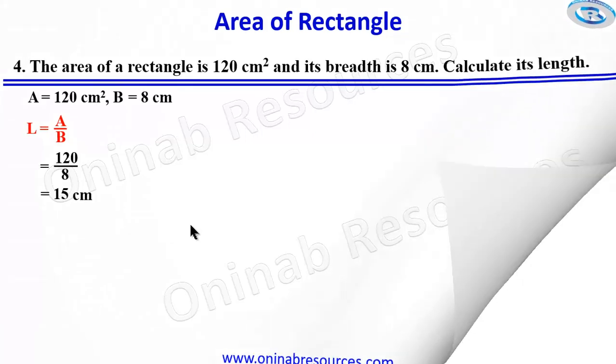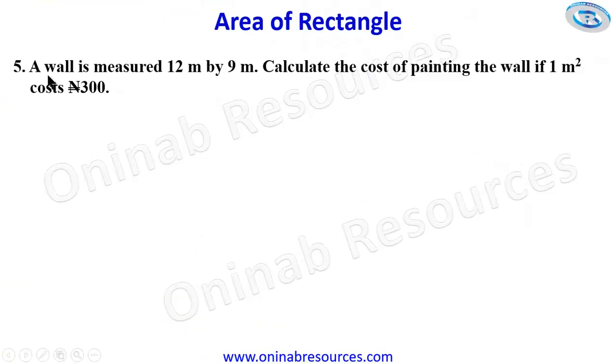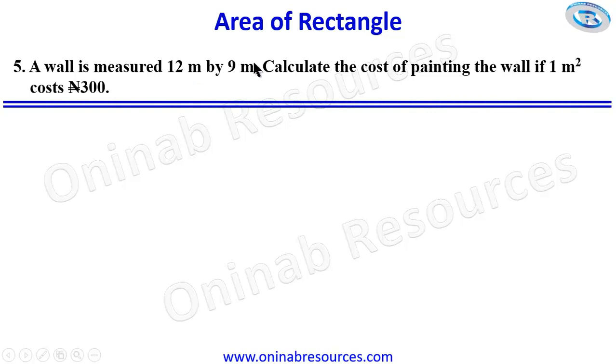We go to problem 5. For problem 5, a wall is measured 12 meters by 9 meters. Calculate the cost of painting the wall if 1 square meter costs 300 naira. We are going to calculate the area, and then since 1 square meter is 300 naira, we multiply the area by 300 naira to give us the cost of painting the wall.